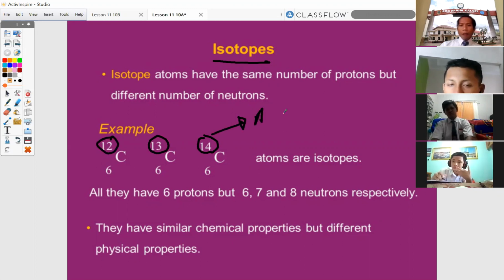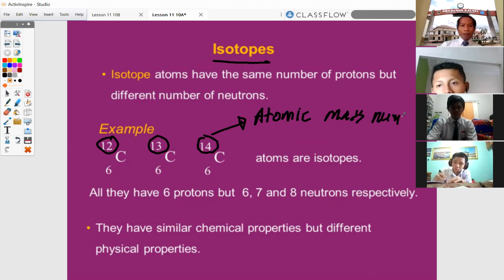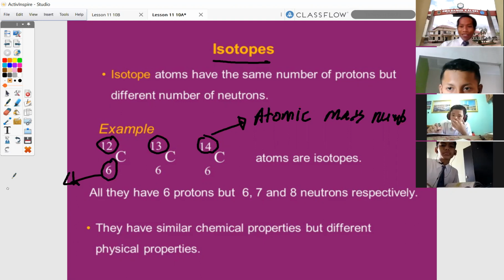Atomic mass number. Don't forget, this is the name of the number. How about this one? 6. What is the name of this one? Number of proton or electron.